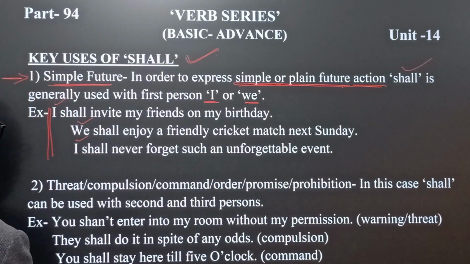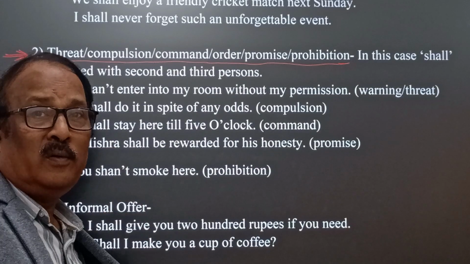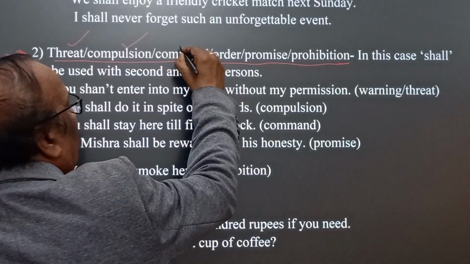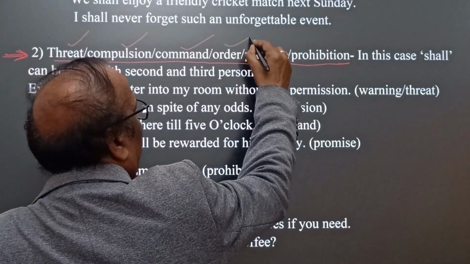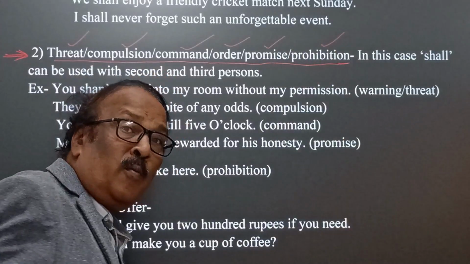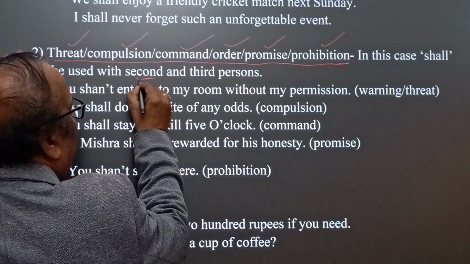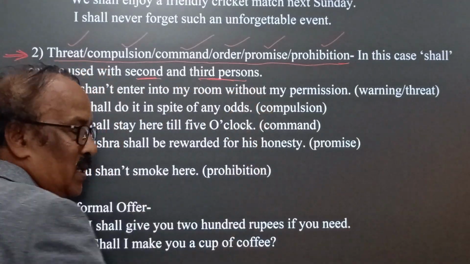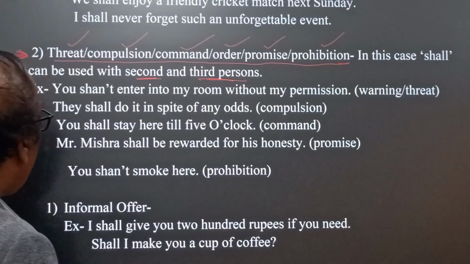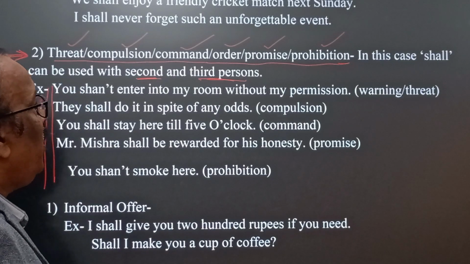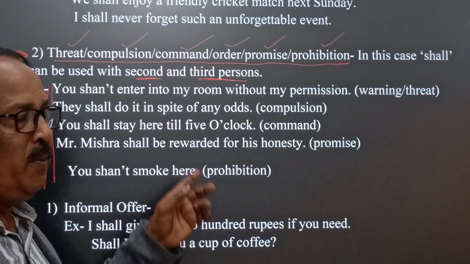Now come to the next idea. In the case of expressing threat or compulsion or command or order, promise or prohibition, shall can be used with the second and third persons. This is interesting. For example, you shan't enter into my room without my permission.